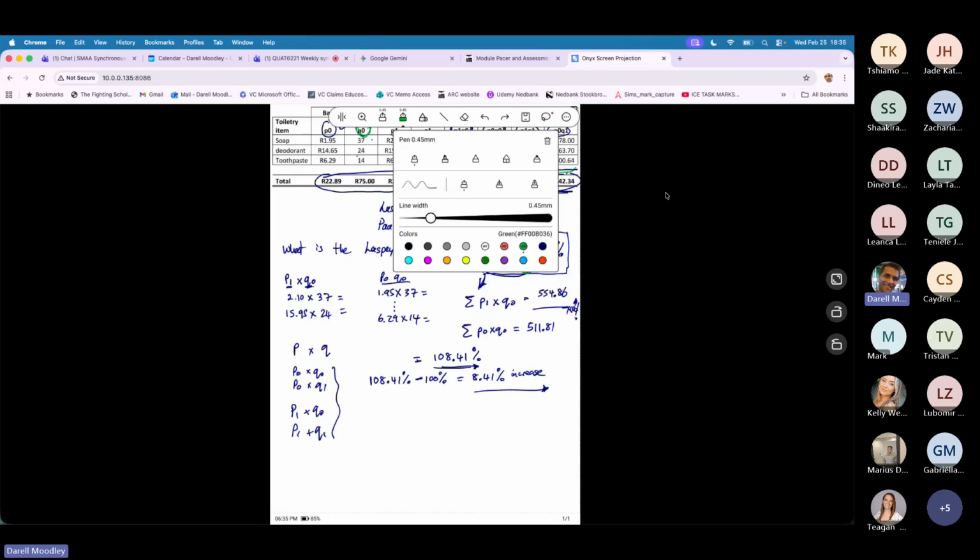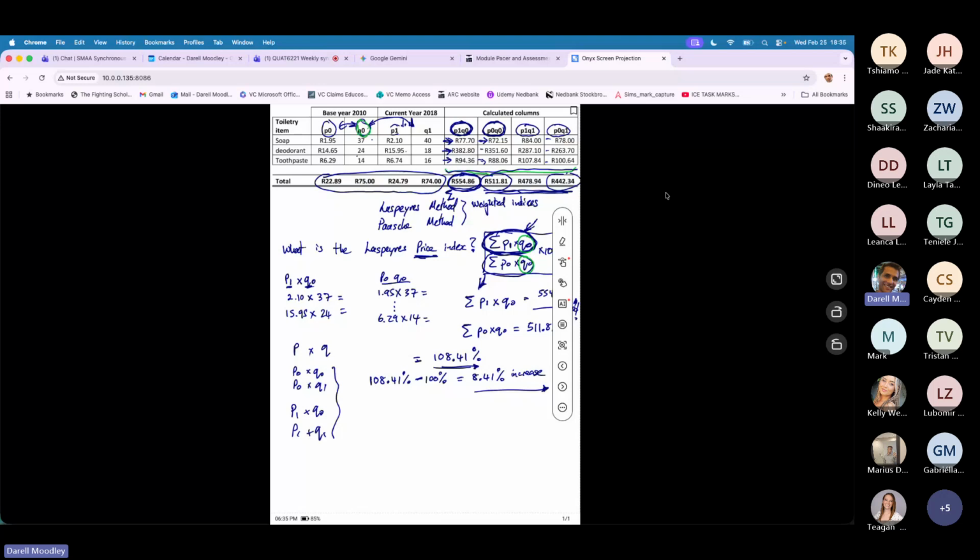We need to say that in our interpretation. So how we start that is, we will say holding the quantity, I'm just going to write QTY as a short form, quantity in 2010 constant.